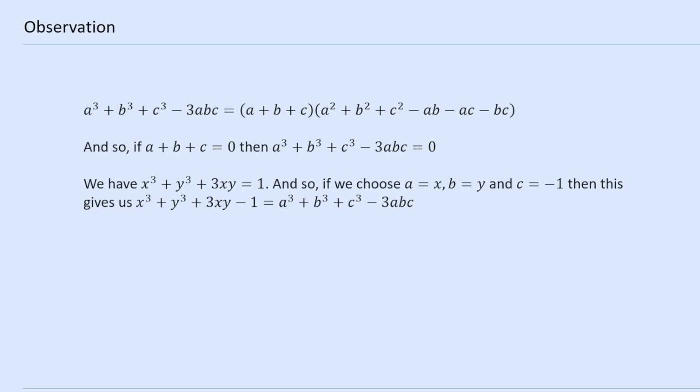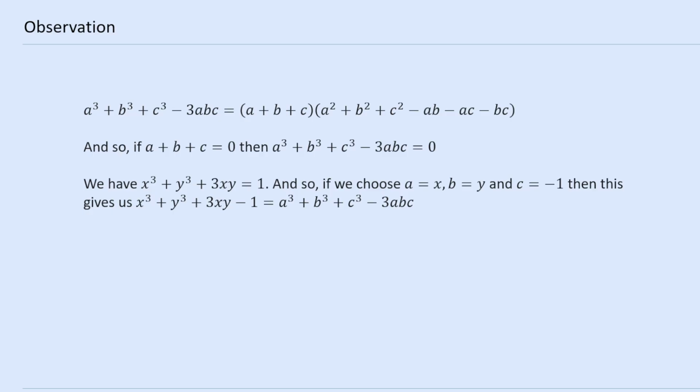So in this case, what we have is x cubed plus y cubed plus 3xy equals 1. If we choose a as x, b as y, and c as minus 1, then we can write this expression in the form above.